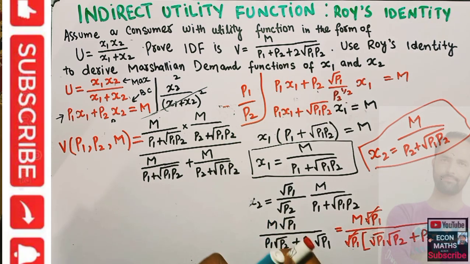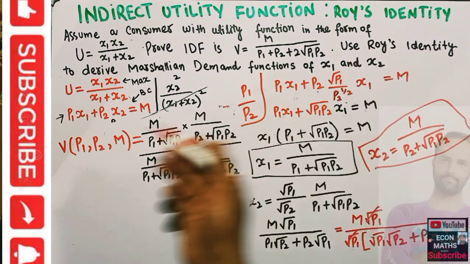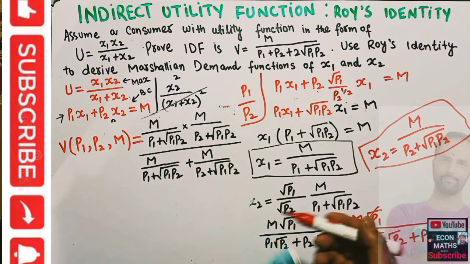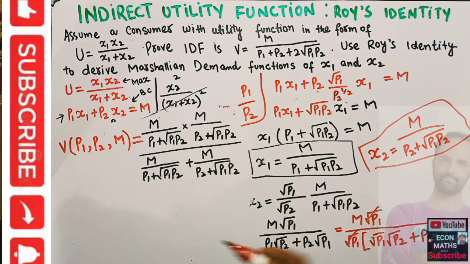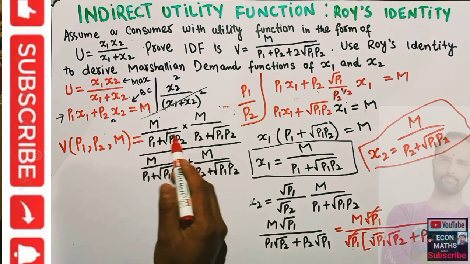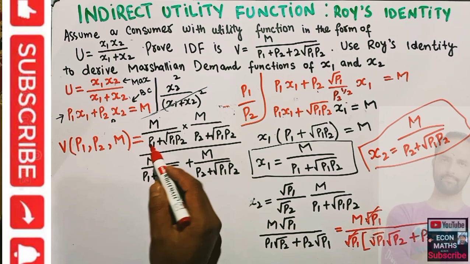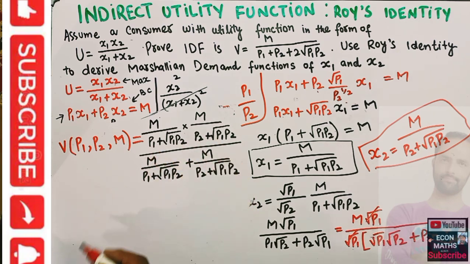So doing some calculation here, I fear I cannot show Roy's identity here because the video is getting lengthier and lengthier. Okay, so let me just wrap up here. So for m into m, we can multiply numerator with numerator and denominator with denominator.